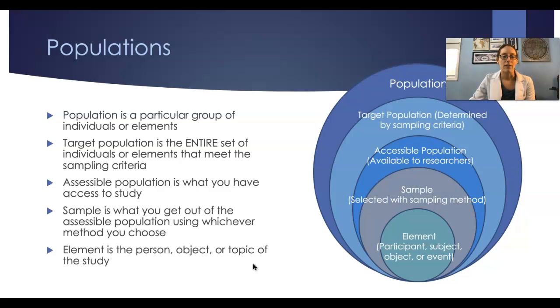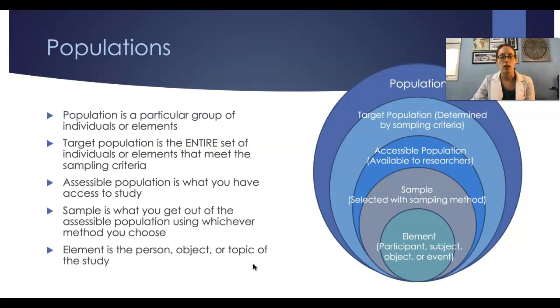So we have an accessible population, which is determined by sampling criteria. That could be a percentage based on the number of people per state. If, and this is a total estimate, 300 million people live in California and 20 million people live in Wyoming, you would want to take a percentage that makes your sample have more Californians than people who live in Wyoming.